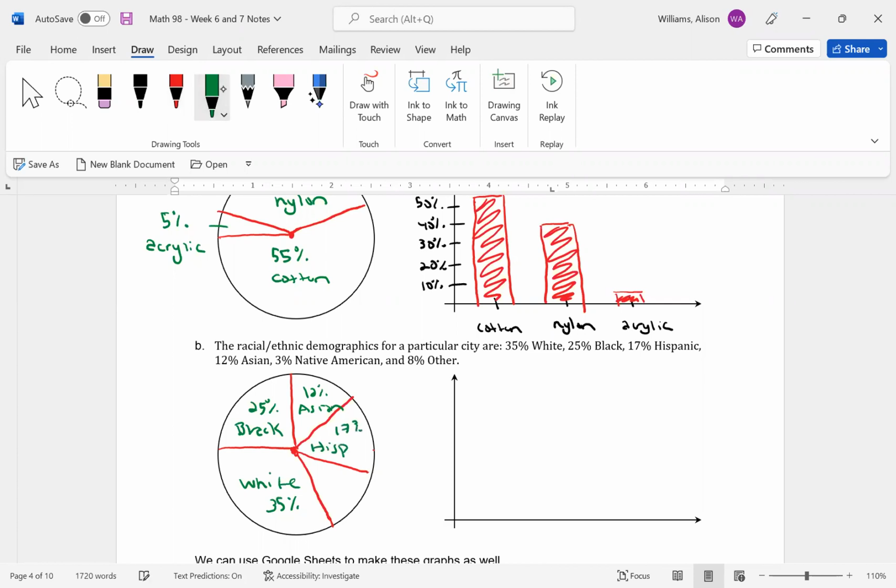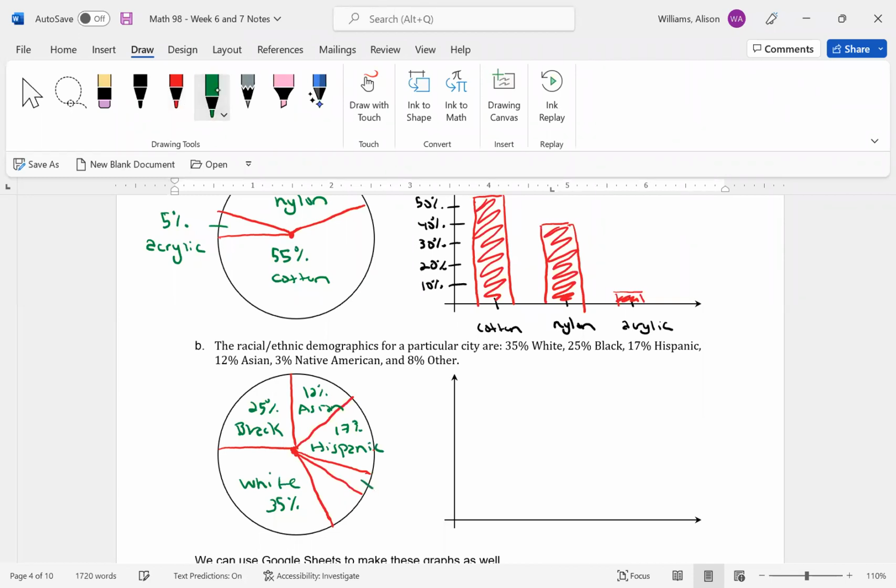And then Native American is the smallest of all at 3%, and then 8% other. So I'm going to go ahead and kind of make a little sector. Wow. Shows how tough it is to draw straight lines when you're freehanding it like I am.